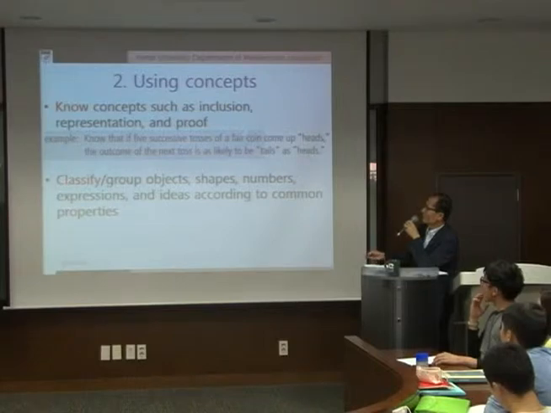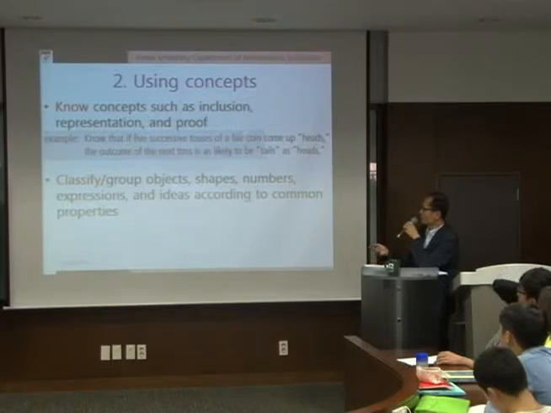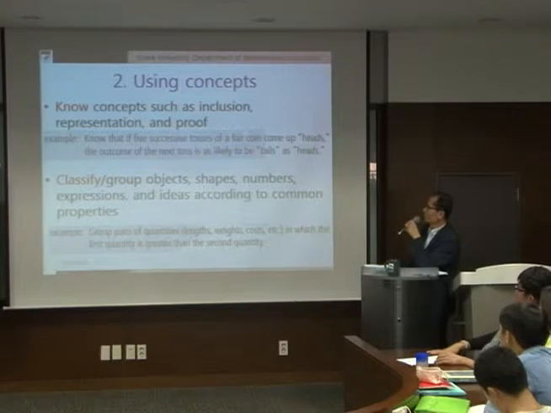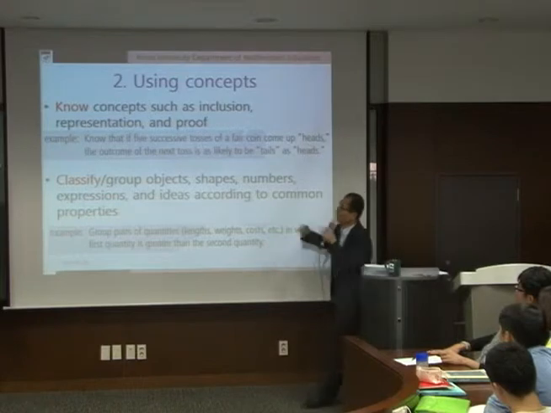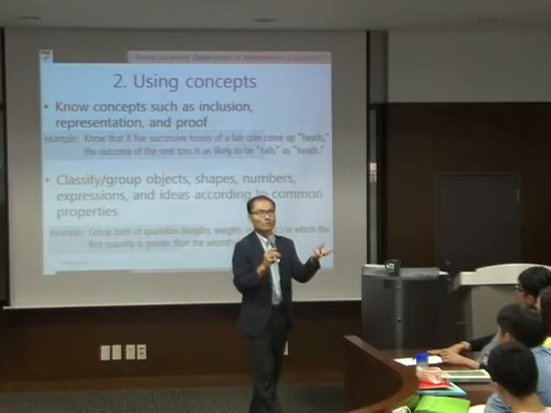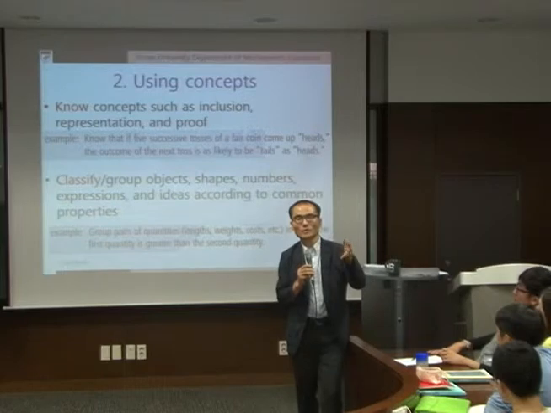Also, they included this kind of example: classify group objects, shapes, numbers, expressions, ideas according to common property. For instance, group pairs of quantities, length, weight, cost, etc., in which the first quantity is greater than the second quantity. Basically, in these two examples, you can see, according to the team's conceptual framework, they differentiate what?